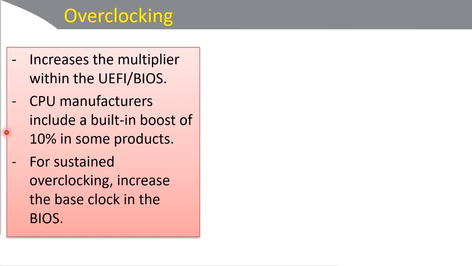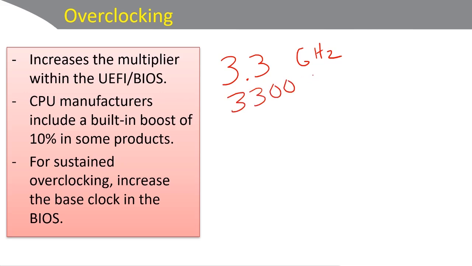Some motherboards, especially if you build your own system, have the ability to increase the base clock, for example from 100 megahertz to as high as, say, 250 or 300 megahertz, which then increases the CPU clock speed correspondingly. So, for example, we have our 3.3 gigahertz CPU, and we can just refer to that as 3300 megahertz.